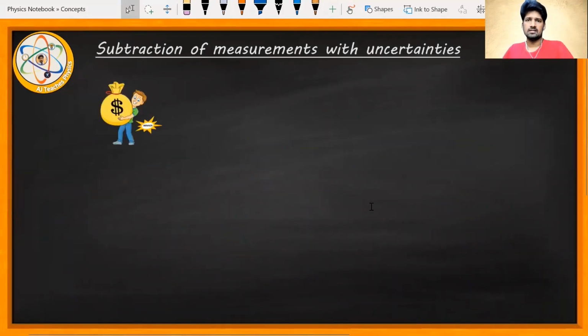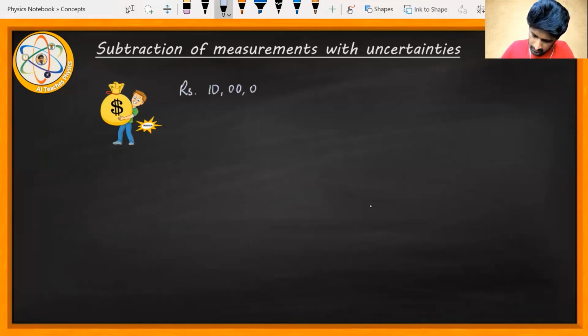Let us next discuss how to subtract measurements when their true values and their uncertainties are known to us. So when the true value and the absolute error of two measurements is known, how do we report their difference? Let's say you purchased a lottery ticket, and in case you win the lottery, you get anywhere between rupees 10 lakh to rupees 12 lakh.